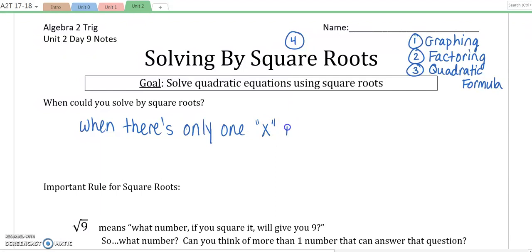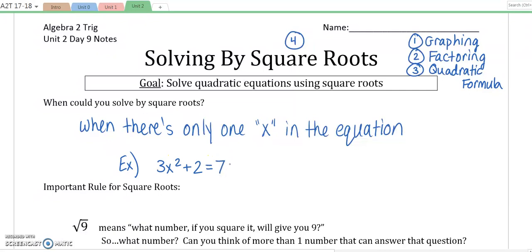Because it is quadratic, it still has to be a squared function, x squared. But here's an example, an equation like this. That is still an x squared equation, so it's still quadratic, but because it only has the one x, we could solve it by square roots.